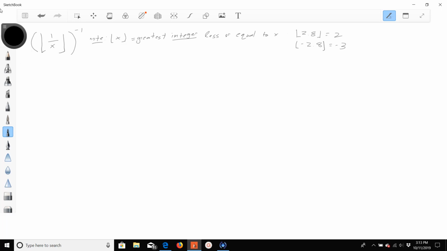Okay, now, what do we want? The area below this curve and above the x-axis for 0 less than or equal to x less than or equal to 1.